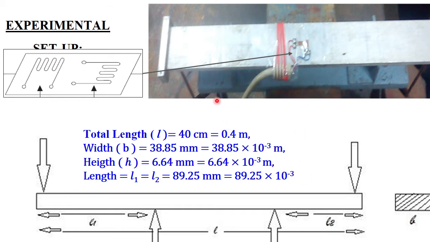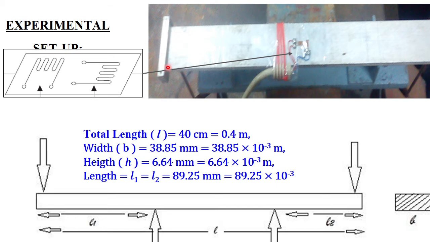So what is there? Now in this figure you identify these knife edges. This is one, and here we have another one at this point, not clearly visible. And you see at the ends these are the loading arrangement.